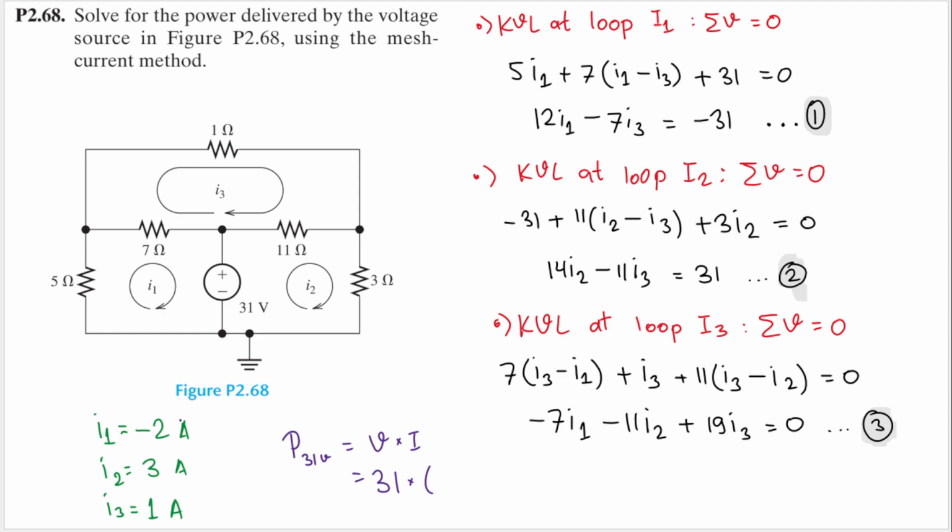I1 here is minus 2, and I2 is 3, so I will have minus 3. So we will have 31 multiplied by minus 5, and that will be minus 155 watt. The sign does not actually matter here, so it's 155 watt. And that is all that we need to do.